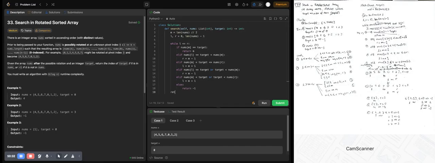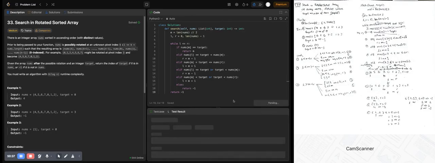Then if it still doesn't return, then we return -1 by force. Let's try to run it.